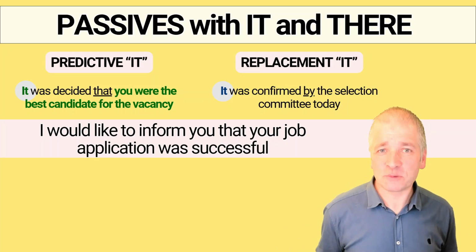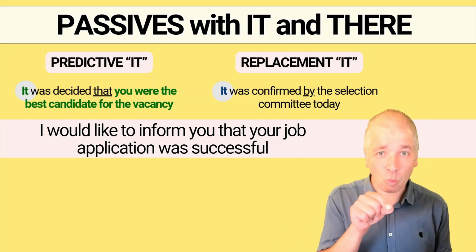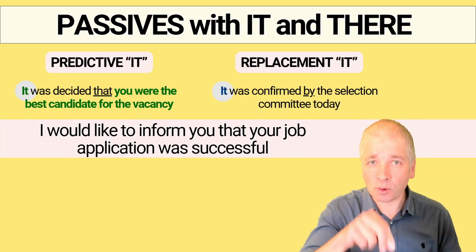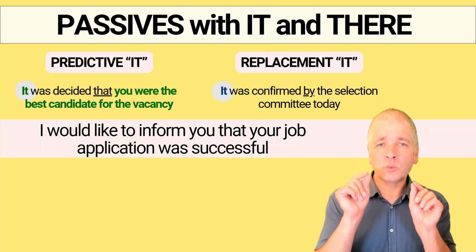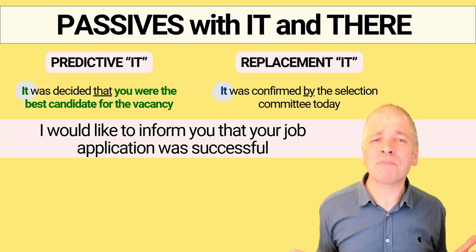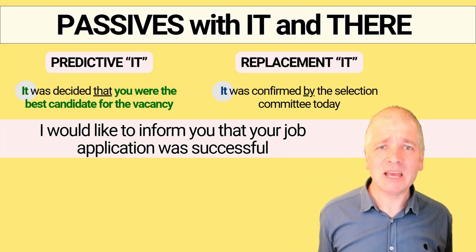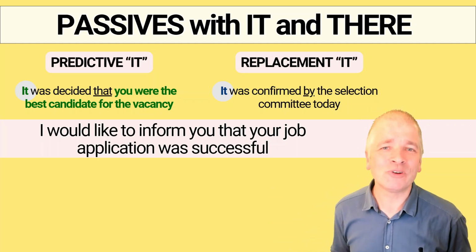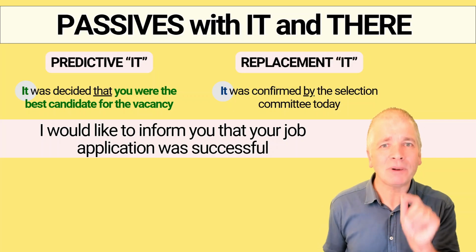Both sentences use the passive form here. Notice it was decided. Was, to be, decided, past participle. It was confirmed. They both start with it, so you might expect that they work in exactly the same way. But they don't. One is called the predictive it and one is called the replacement it.